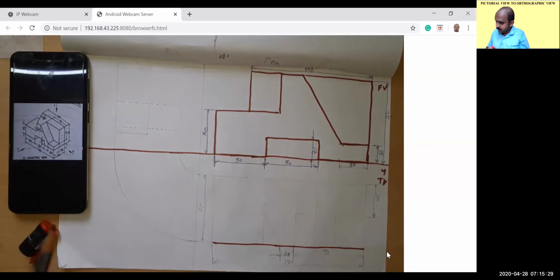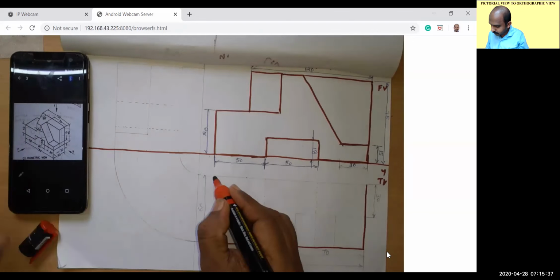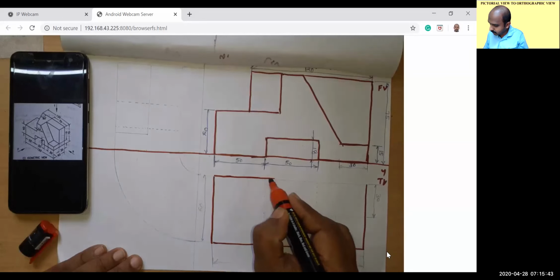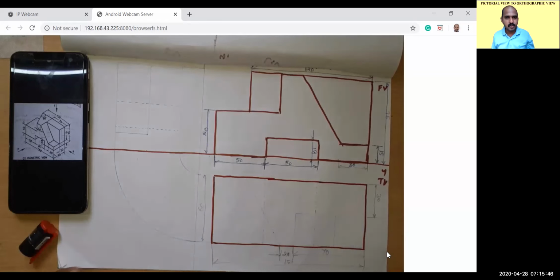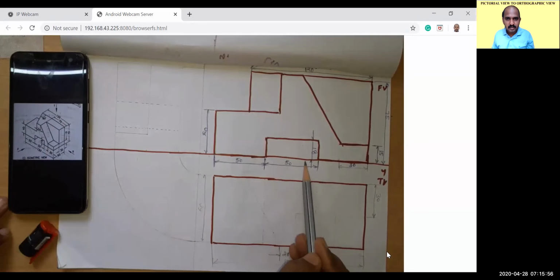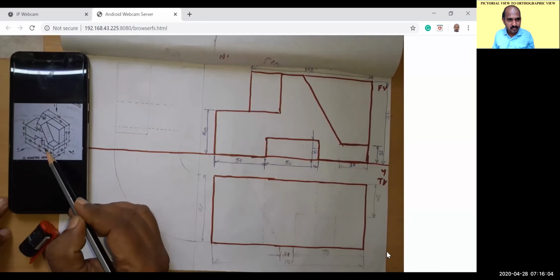Then, as I mentioned in the front view, there is a rectangular hole, with a width of 50 and a height of 18.